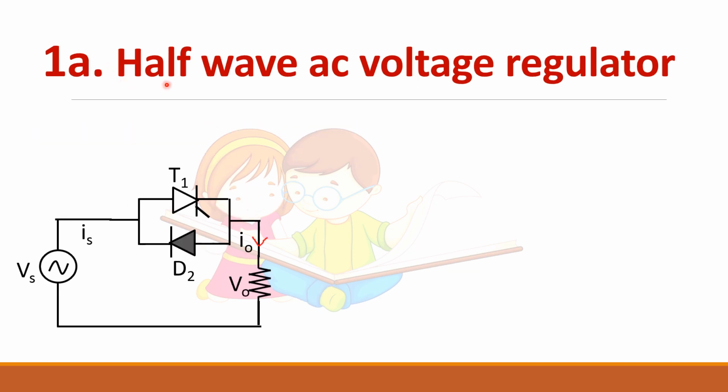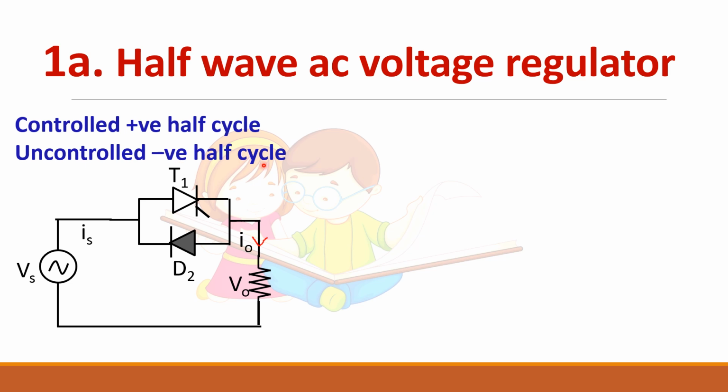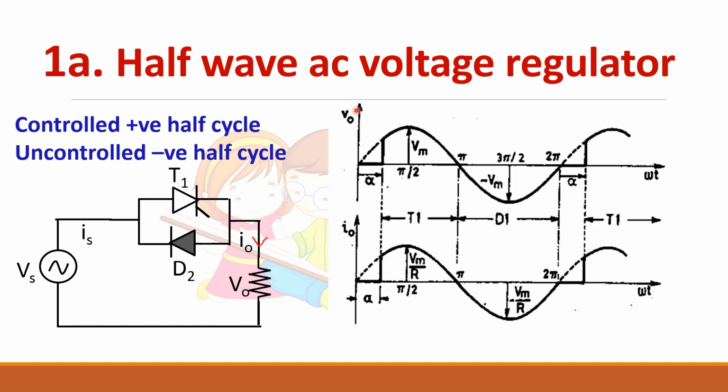First one, half wave AC voltage regulator. Here we have one thyristor and one diode. So you will get a controlled positive half cycle, whereas an uncontrolled negative half cycle. See this diagram. The dotted line represents the supply voltage waveform, Vs, and V0 is drawn over it.